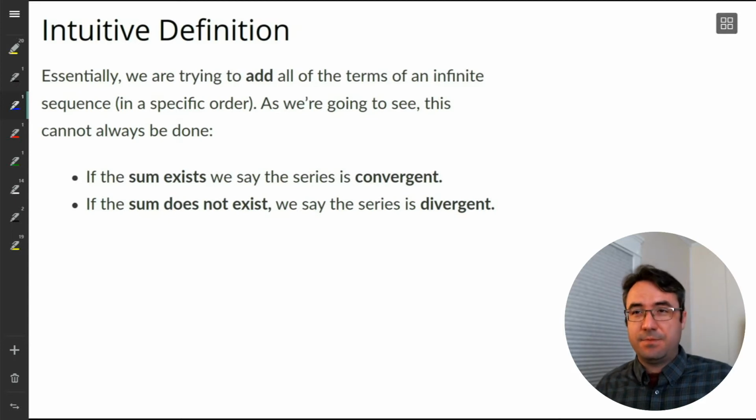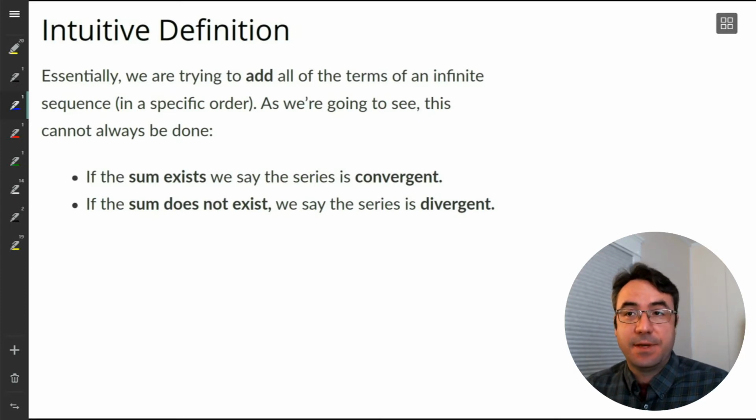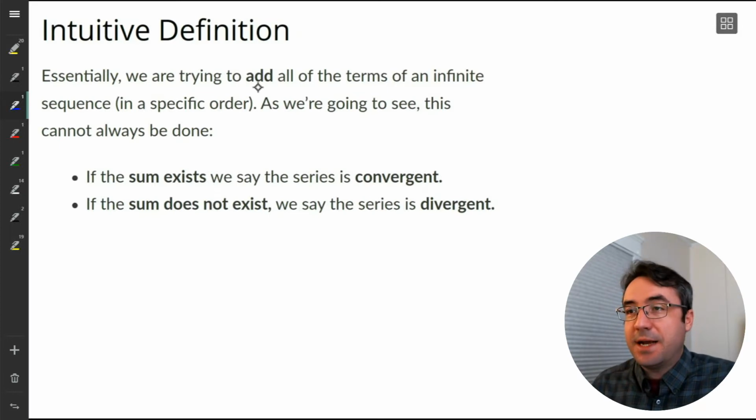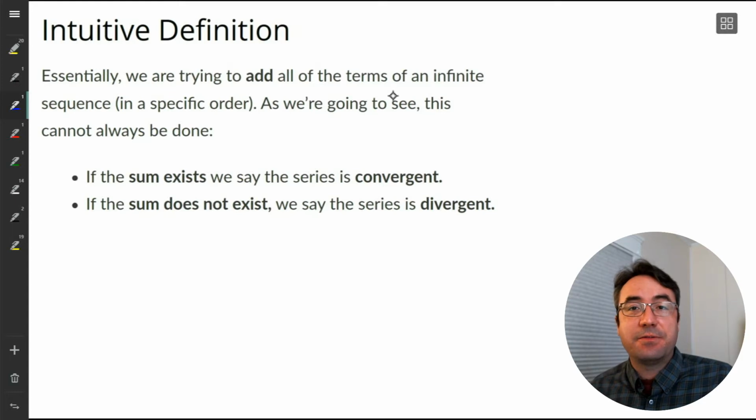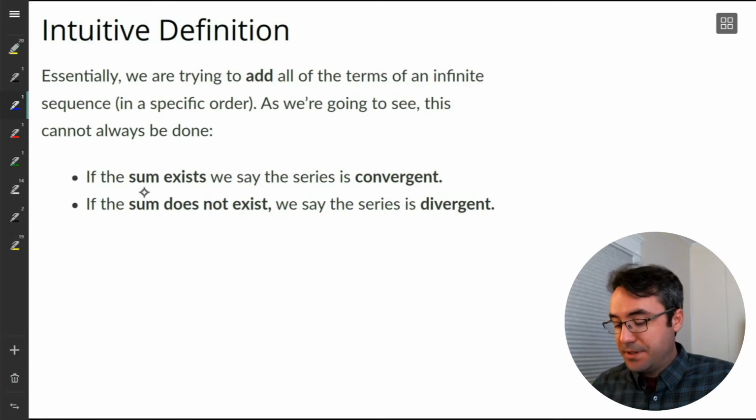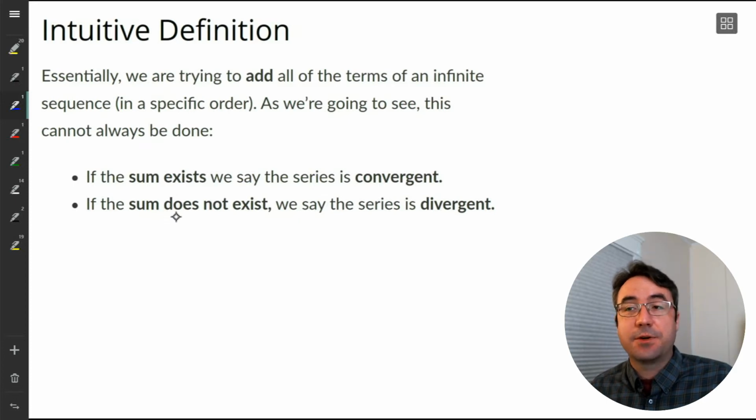So when we try to add up an infinite amount of something, we have to be careful. And that's really what we're going to see over the next lesson, over the next bunch of lessons: this process of adding up an infinite amount of terms can get tricky, can produce surprising results, and in general is not necessarily an easy thing to define. So it can't always be done. We're going to see series where the sum does not exist, where we really can't add up all the terms together.